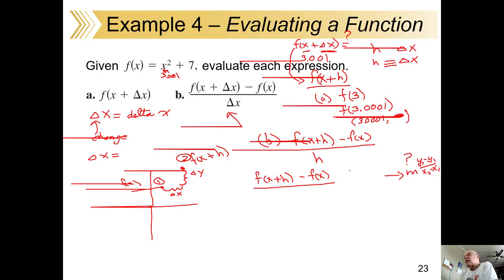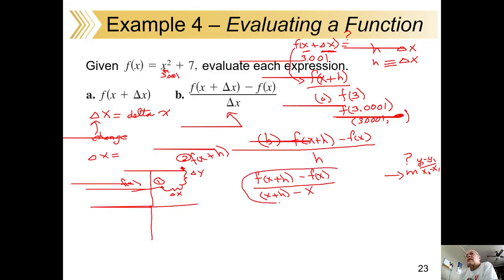Well, on the bottom, if we look at the 2 x values, what 2 x values did we have on the top? We actually had x plus h, and we had an x.